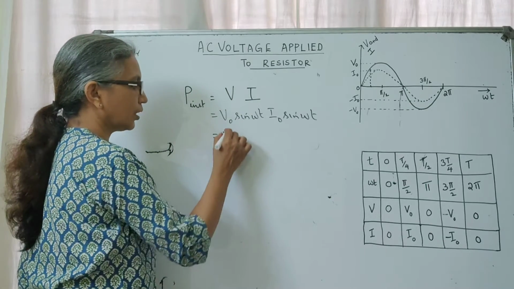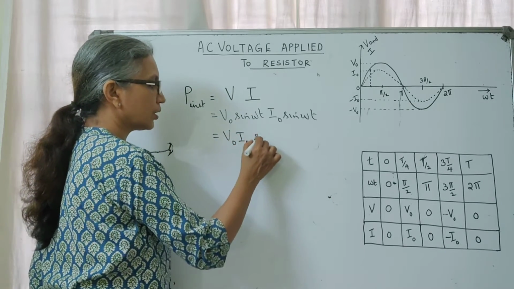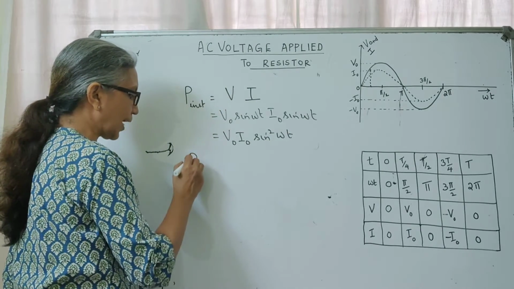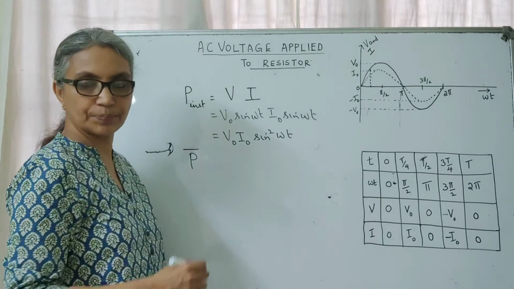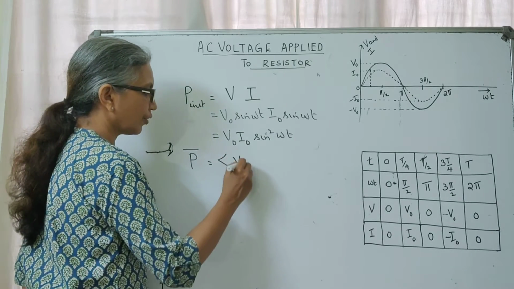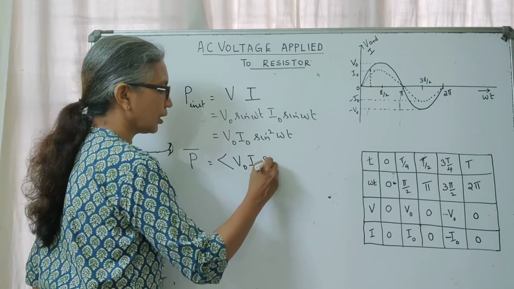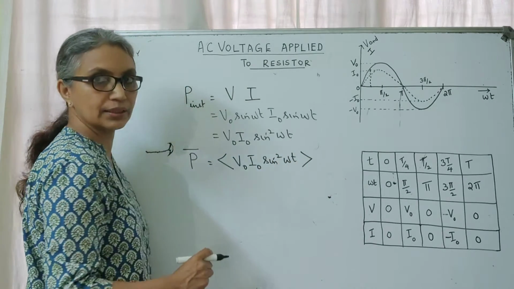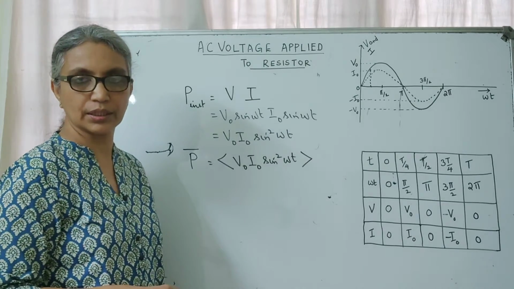If I multiply, I get V0 I0 sine squared omega t. Now when I want to find the average power, represented as P with a bar on top, I take the average of V0 I0 sine squared omega t in one complete cycle or one time period T.